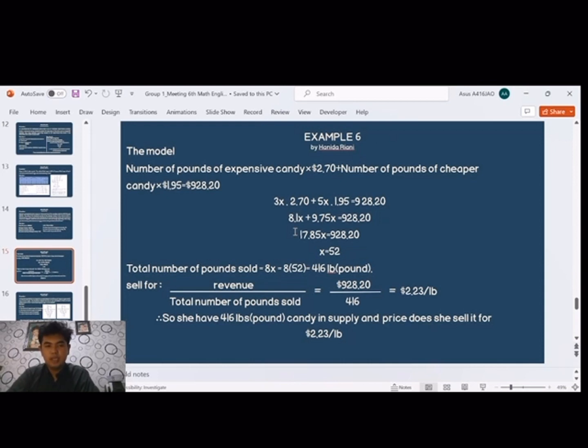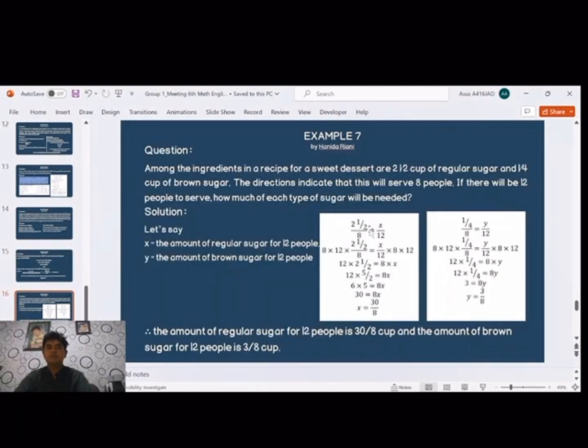So she has 416 pounds of candy in supply, and she sells it for $2.23 per pound. Okay, next is example 7.